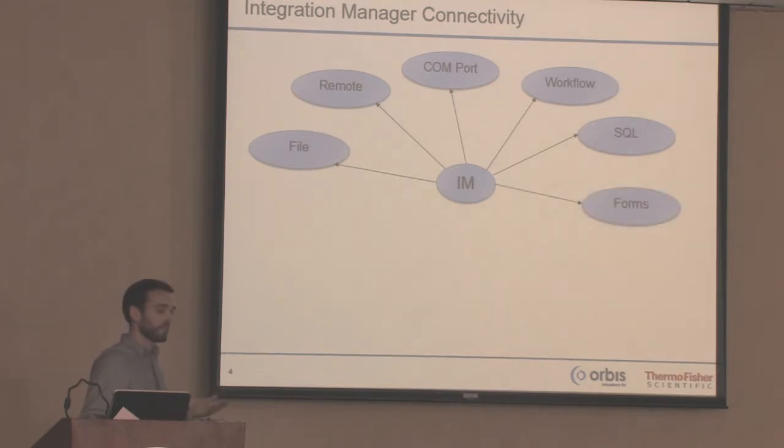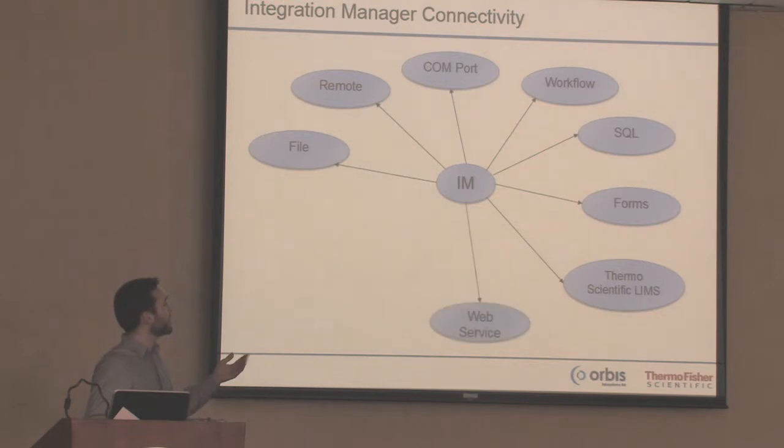Form agents are useful in the case of, say, an integration where there's some data missing perhaps from an instrument that the user must enter for it to be transferred to another system. A form will prompt the user for that information. So for instance, on an instrument integration, you could prompt the user for sample number, test number. We then have agents for each of the Thermo Scientific systems.